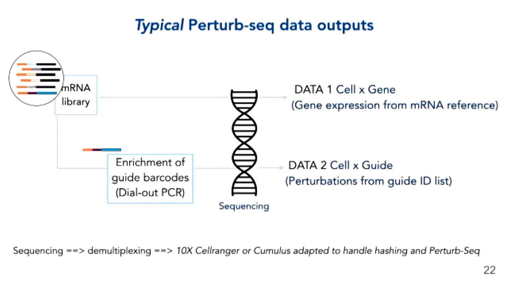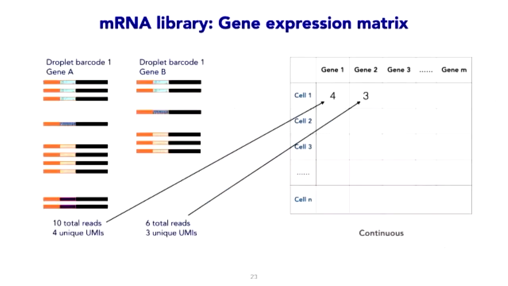If we were to have sequencing through the 10x Genomics setup, then 10x has its own pipeline called Cell Ranger, which has been adapted to CRISPR screens. Or we also have a cloud-based platform called Cumulus developed right here at the Broad, which has also been adapted to run on the cloud in a scalable way.